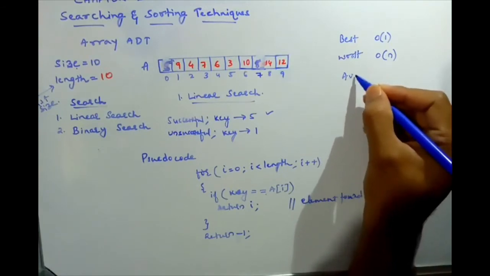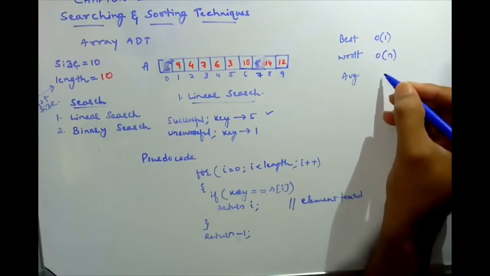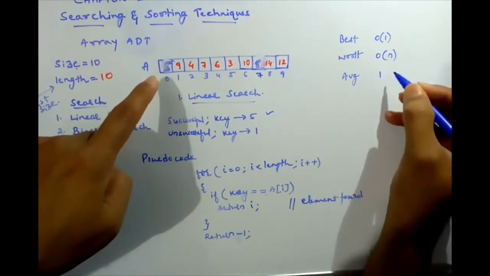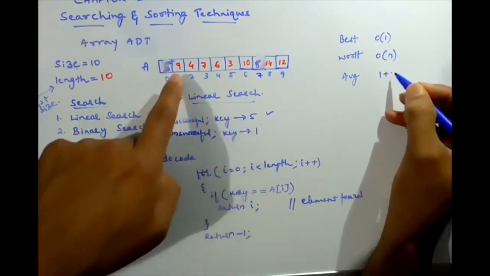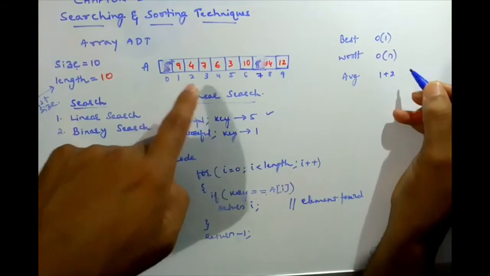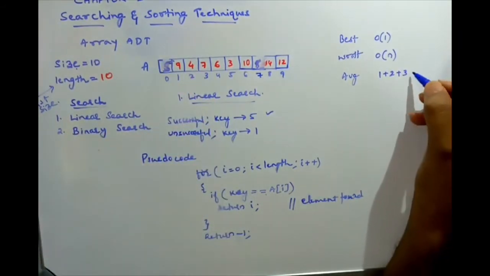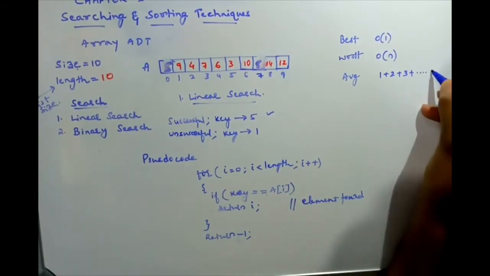Then generally we take the average. How do we take it? Suppose you are finding the first element, it would take constant 1. Second element, if your search key is 9, it would have taken 2. If your search key is 4, it would have taken constant time 3, and so on up to n.